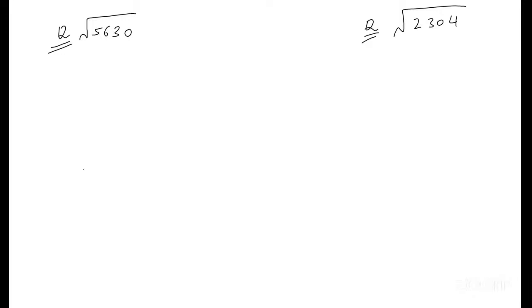Ma'am, I'm messing up. You have to take 56 as one number, right? Yes, Emma, we take 56 as one number and 30 as one number. Make pairs, okay? First step is make pairs.